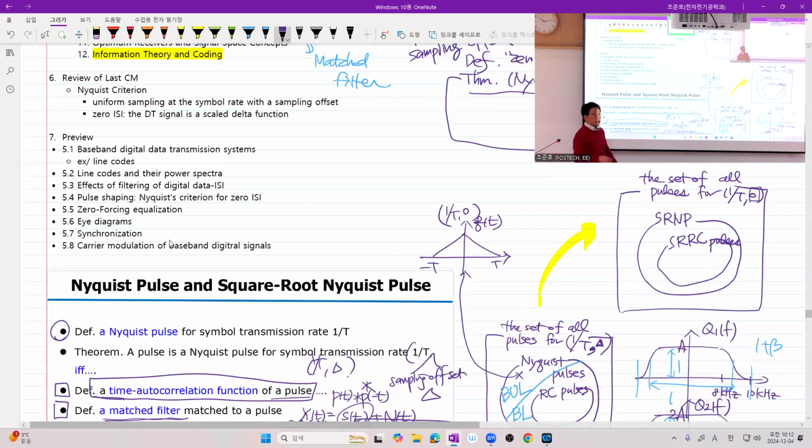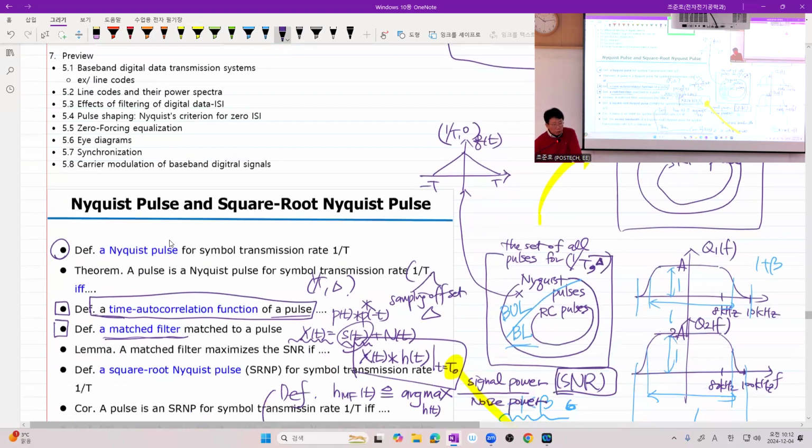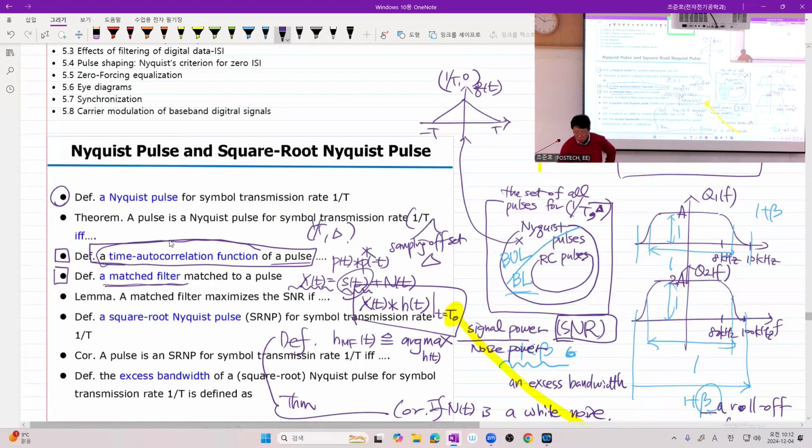Got it? So square root raised cosine pulses are pulses whose time autocorrelation function becomes a raised cosine pulse. In terms of the time autocorrelation function of the pulse, a square root Nyquist pulse has a Nyquist pulse as its time autocorrelation function, and a square root raised cosine pulse has a raised cosine pulse as its time autocorrelation function. Got it?